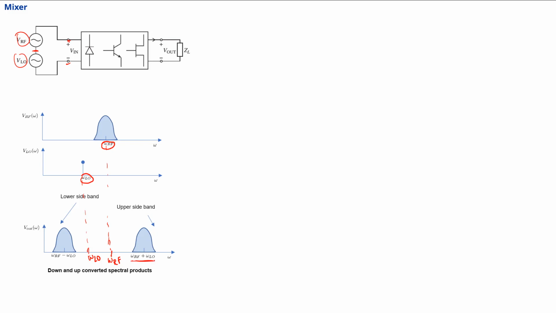One is omega RF plus LO and the other one is omega RF minus LO. The one with the higher frequency is what is usually called the upper side band of the mixer output, and the one with the lower frequency is called the lower side band of the frequency output.